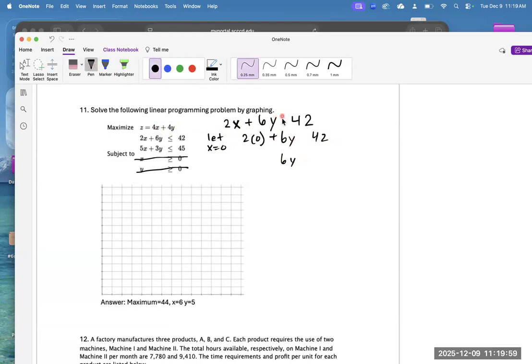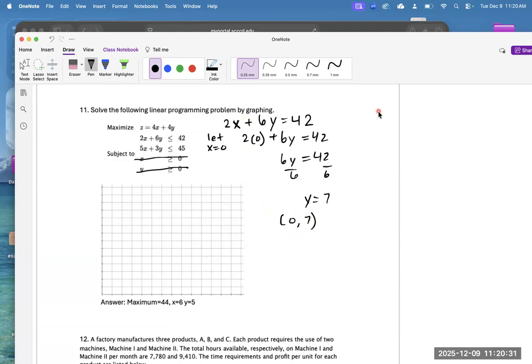So I'm just going to say equals for right now. So y equals 7. So when I let x equal 0, y equals 7. So that means there's a point on this line that is (0, 7). So I can go ahead and graph that first.